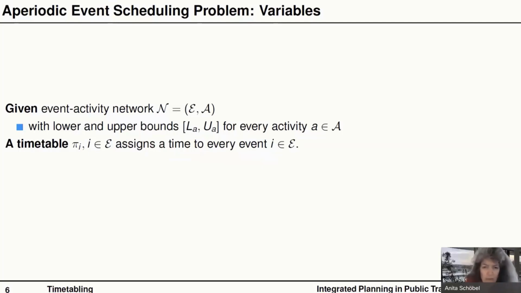If you think about printed timetables, you see all the departure times at every station for every train. That is just giving a time to each of the nodes in our network. This makes it easy to say that these are exactly the variables we are looking at. We want to determine the time for all events in our event activity network.